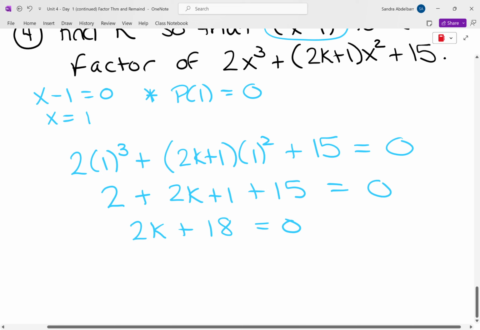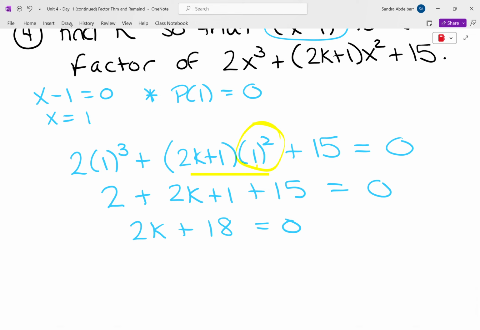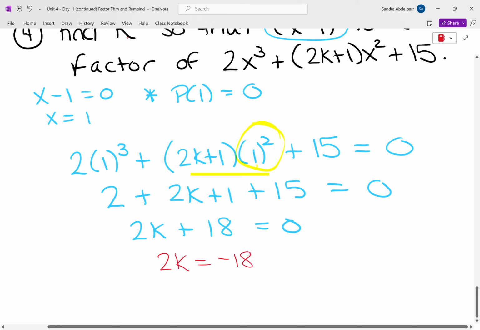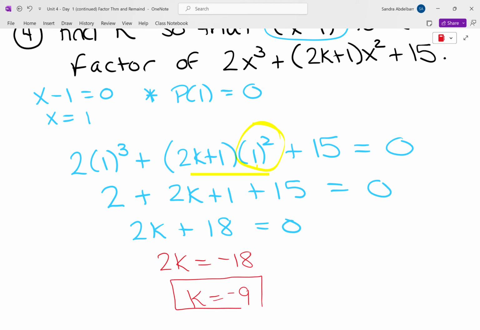So 1 times 2k plus 1 is just 2k plus 1. Does everybody see why I just got rid of this? Because it's 1 times 2k plus 1, which is just 2k plus 1. Okay, so now we solve, and we're going to get 2k equals negative 18, so k will equal negative 9.